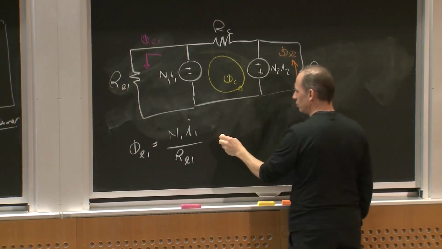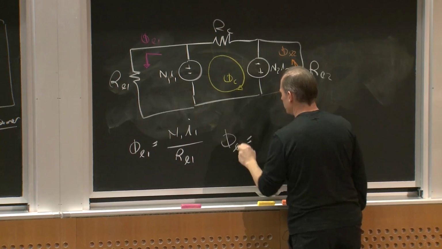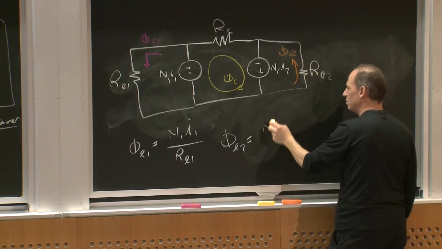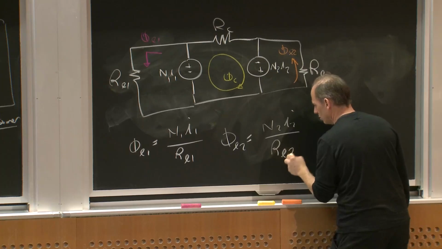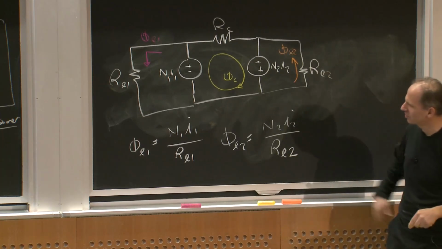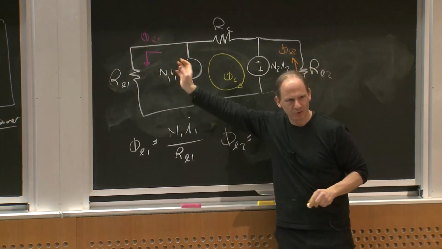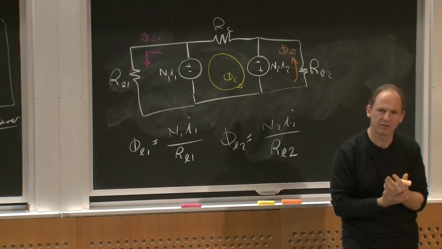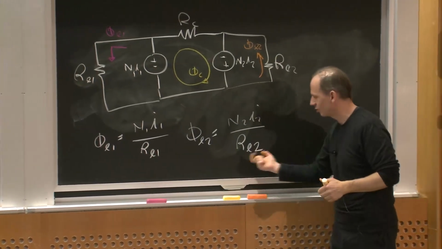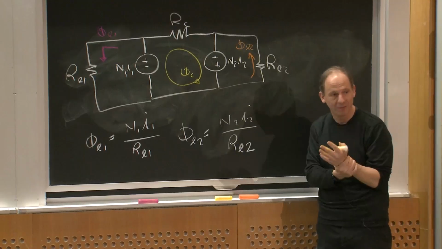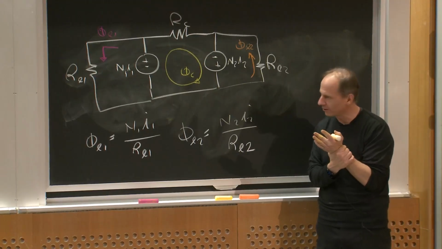Phi leakage 2 is equal to N2I2 over reluctance leakage 2. And by the way, since these have big air path components, sometimes it's tricky to figure out what the values of leakage reluctance 1 and leakage reluctance 2 are, but nonetheless there's some value that you can figure out one way or another.